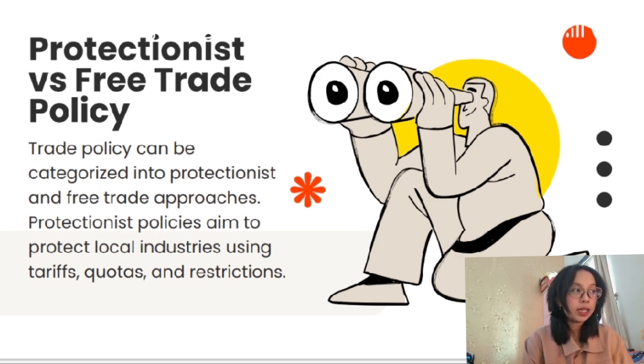On the other hand, free trade policies reduce barriers and encourage international competition. Free trade improves efficiency and provides more choices for consumers, but it may create challenges for local industry. Therefore, governments must balance protection and free trade policies to achieve optimal economic outcomes.